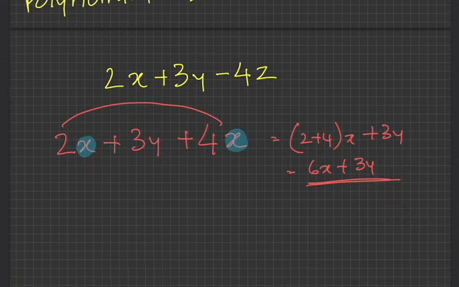They are unlike terms, so we can't add them together, even though the numerical coefficient is the same, 3 in both cases. We can't add them. Okay, got it?